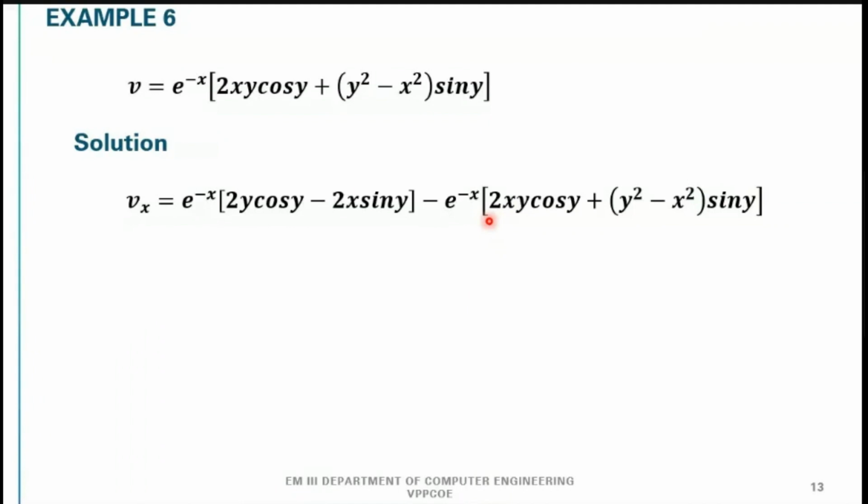So now put x is equal to z, y equal to 0. Tell me what is vx.